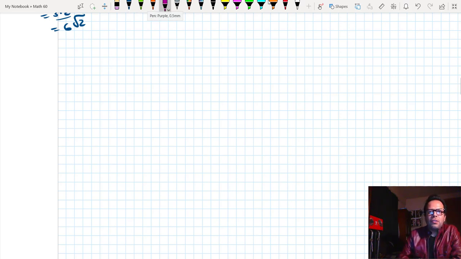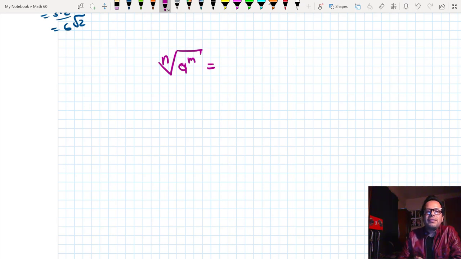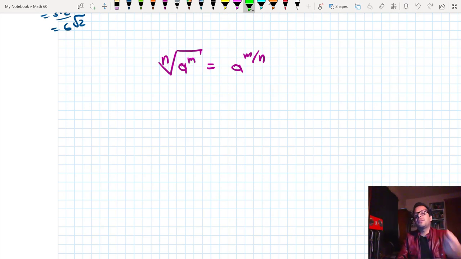In the previous section, we learned that the nth root of a to the n power is equal to a to the n divided by n. In other words, the index n should divide the exponent of the variable inside of the radical.